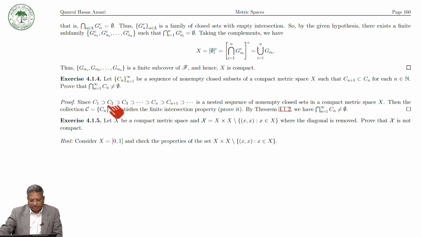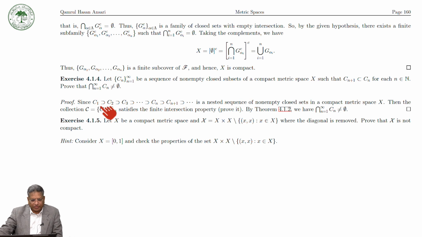So this is a nested sequence of closed subsets in a compact metric space X. Then this collection satisfies the finite intersection property.